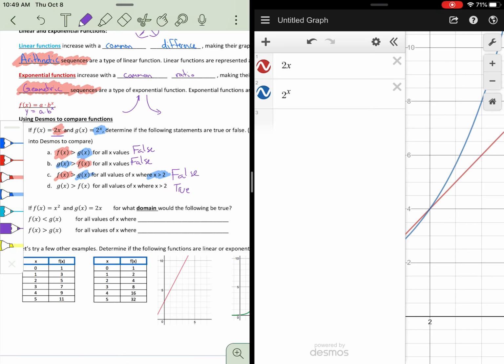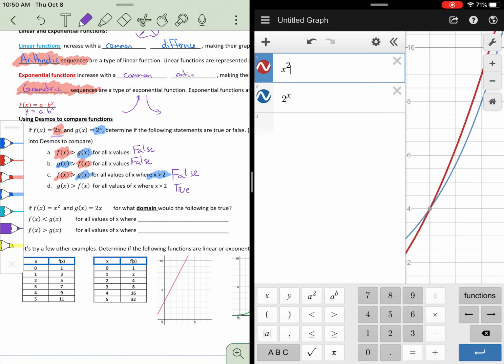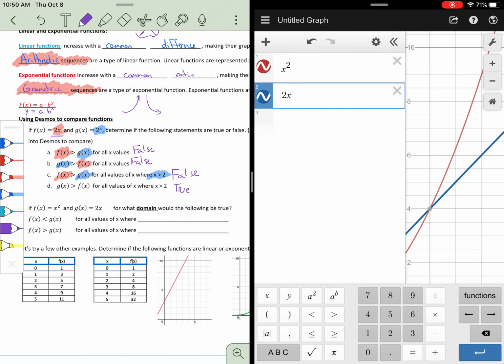Okay, so let's look at a couple other ones here. It says, for what domain would the following be true? Now they're changing on us a little bit. f of x is x squared, and g of x is 2x.